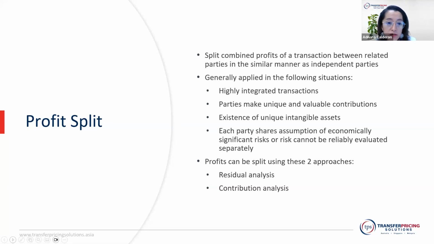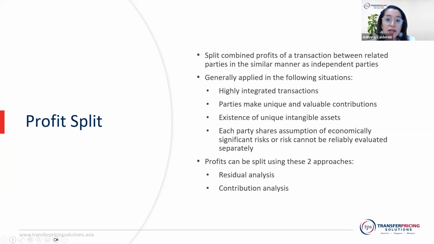We have two types of profit split methods. One is the residual and the second is the contribution. Contribution is, I wouldn't say simple, but the idea is to split profits based on value contribution.